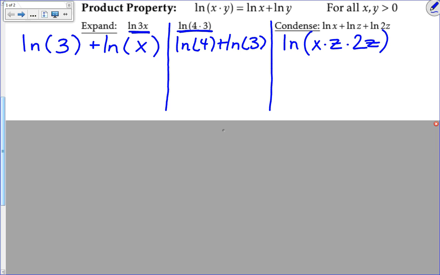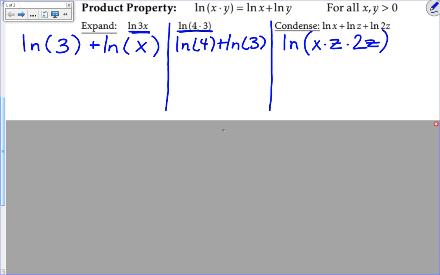So now, since we have that multiplication going on, can we rewrite that in a better mathematical way? What's a better answer here? We have 2z and we have a z, right? Those are common. So we can multiply those together and we'll get a what out? 2z squared, right? Because z times z is z squared.